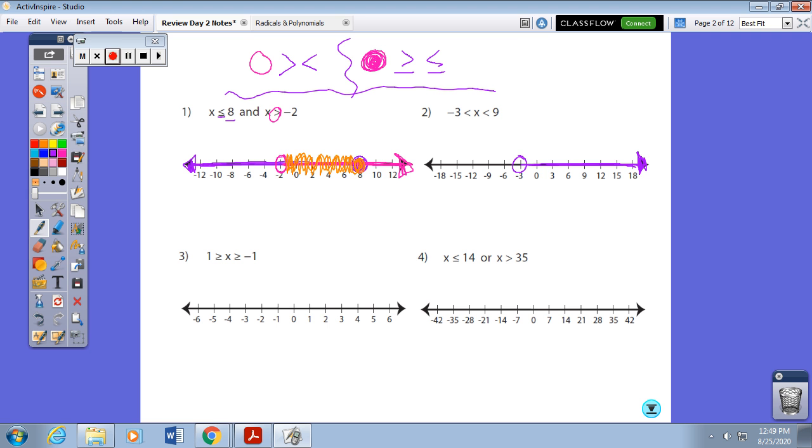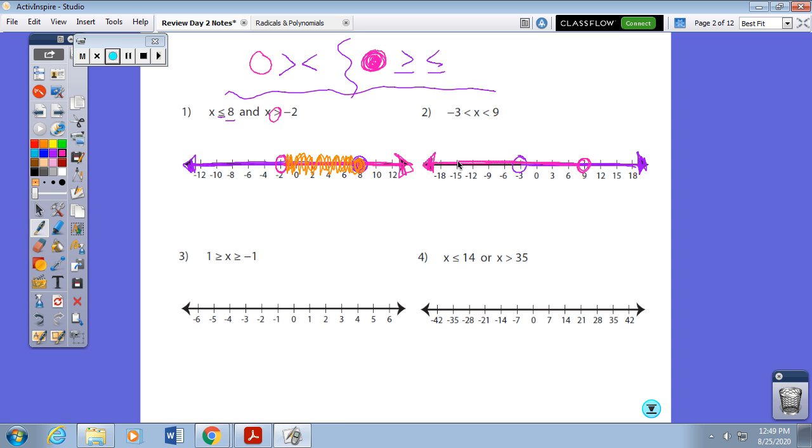X is greater than. And then X is going to be less than, because it looks like an L there with the way that you read it. Because see, the first one said -3 is less than X, so everything greater than. 9. Again, open circle, no line. And then it's X is less than 9.